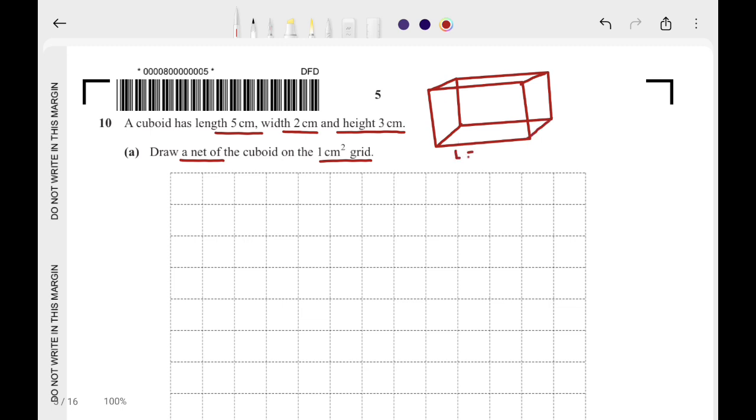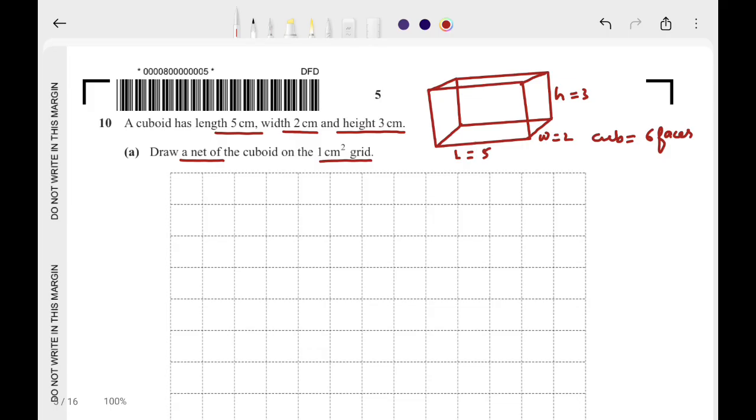So length is 5 cm, width is 2 cm, and height is 3 cm. We know that a cuboid has 6 faces, and we have to draw all 6 faces.